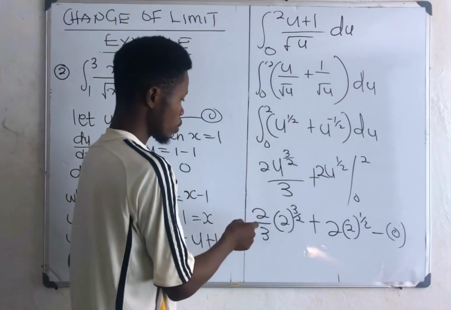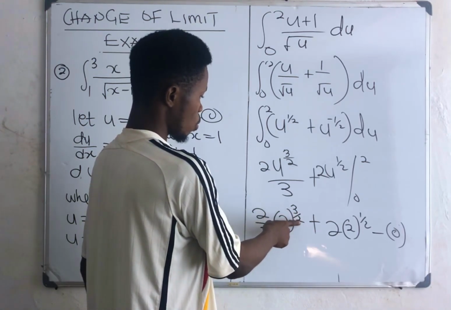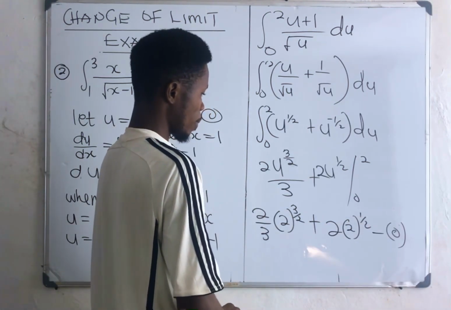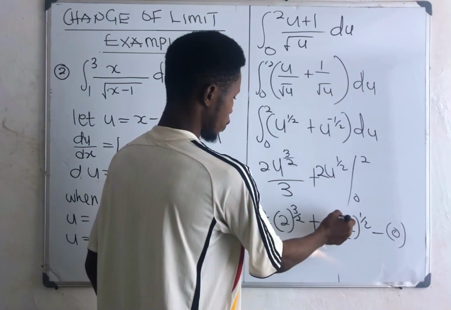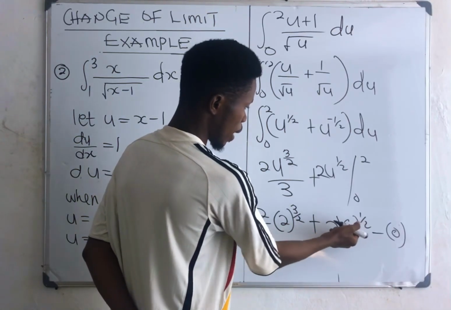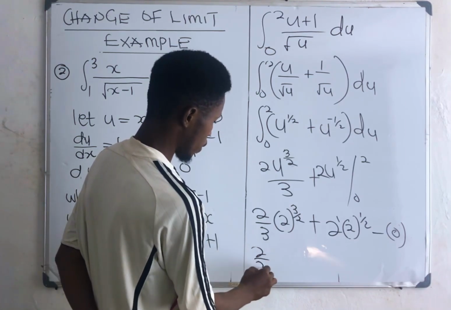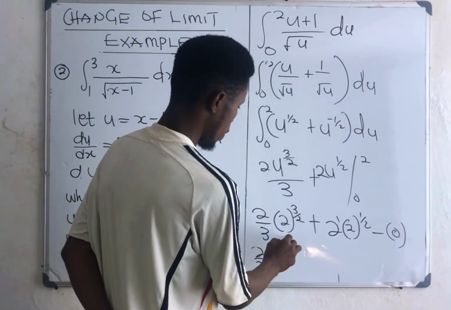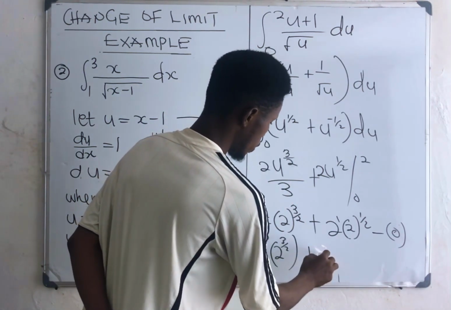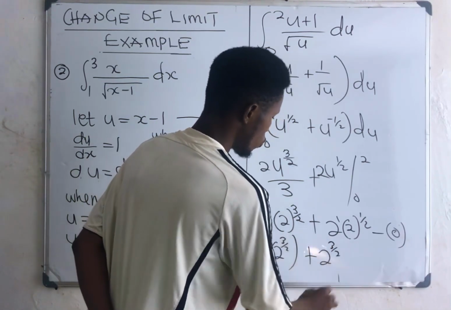So we are having 2 to the power 3 over 2, then also 2 to the power 3 over 2. Now remember that this one has power 1. If the bases are the same and they are multiplied, we add their powers. So I can have 2 over 3 multiplied by 2 to the power 3 over 2, and the same thing, 2 over 3, 2 to the power 3 over 2.